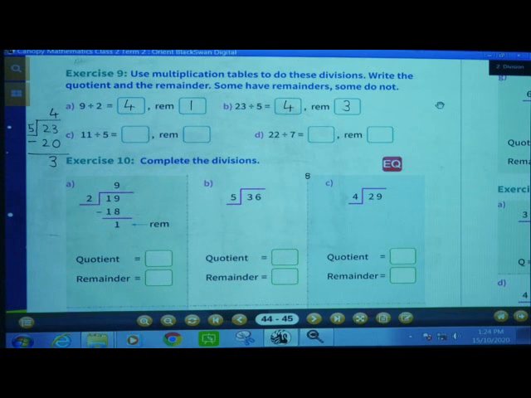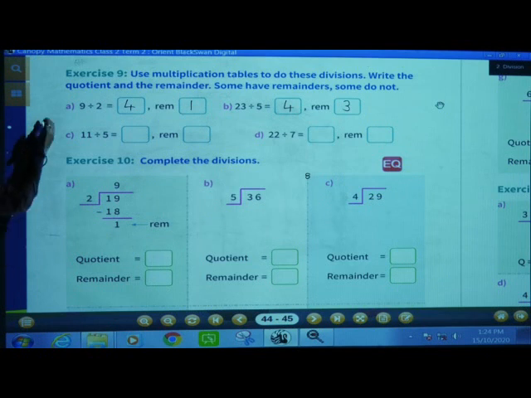Next, 11 divided by 5. 11 is there in 5's table? 5 ones are 5, 5 twos are 10, 5 threes are 15. But 15 is bigger than 11. So, we have to see a smaller number than 11. Then what is the smaller number? 10. Okay.